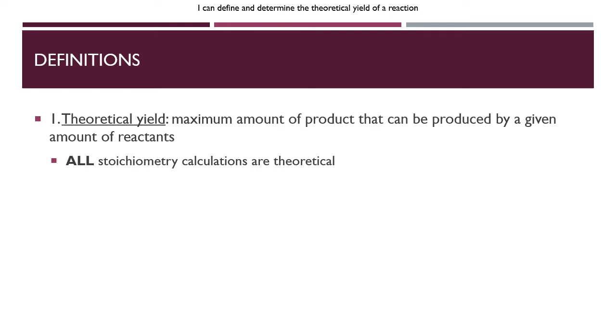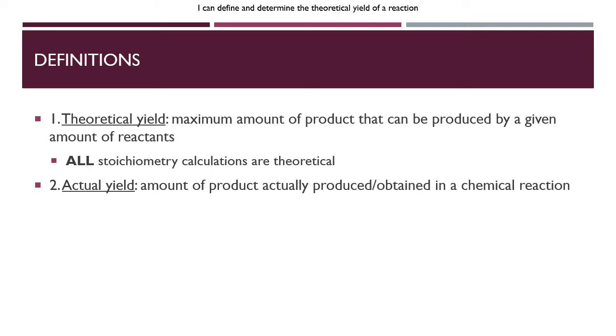In reality, that usually doesn't happen. And so we call this a theoretical yield: the maximum that we can get produced from a given amount of reactant.